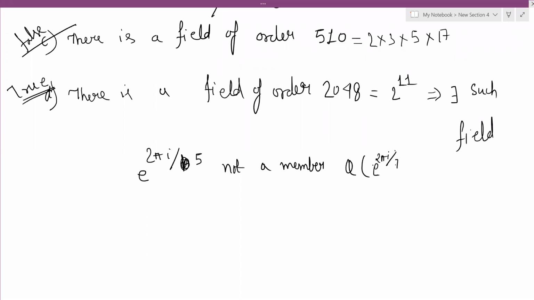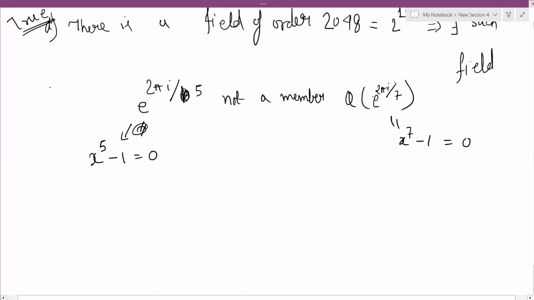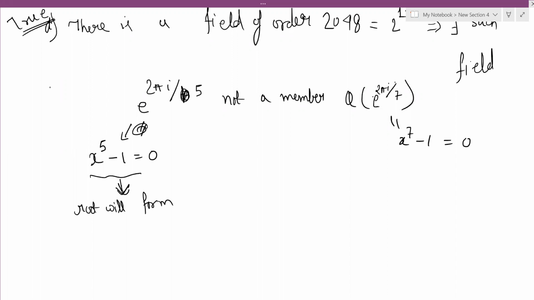So this is easy. This is the primitive root of the polynomial x to the power 5 minus 1 equals 0, and this is the root of x to the power 7 minus 1 equals 0. Its roots form a cyclic group generated by e power 2 pi i by 5, which is of order 5.